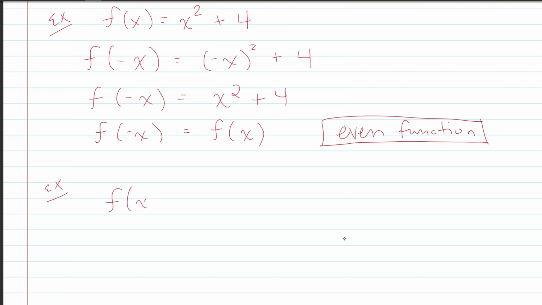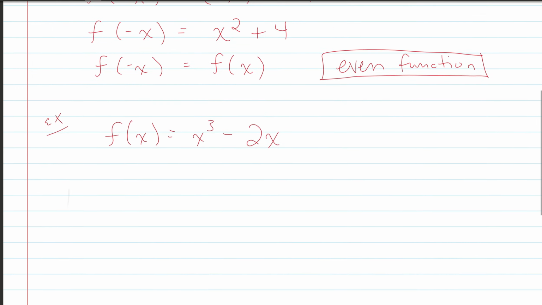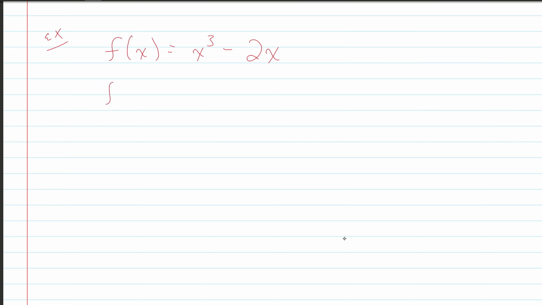If we have f of x is equal to x to the third minus 2x, our first step is to plug in a negative x for x throughout the entire function. So negative x to the third minus 2 times negative x. So f of negative x is equal to, let's think through it, a negative x to the third.